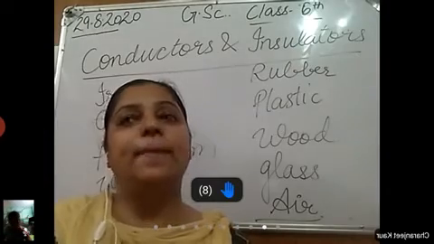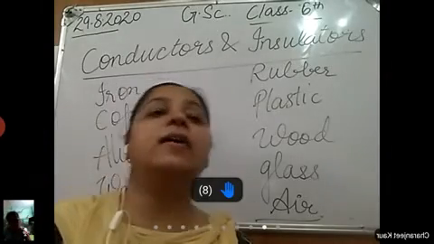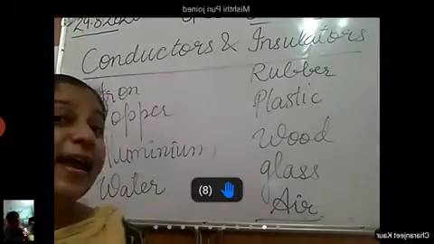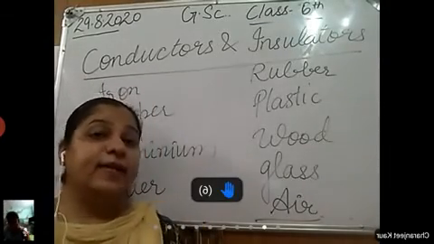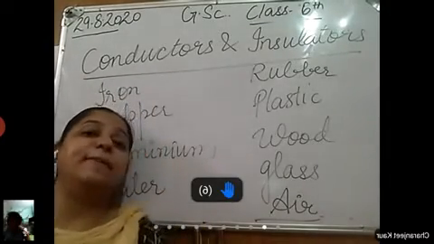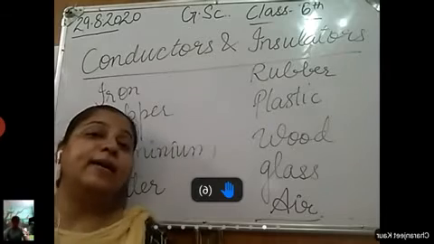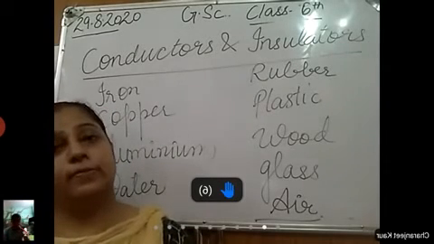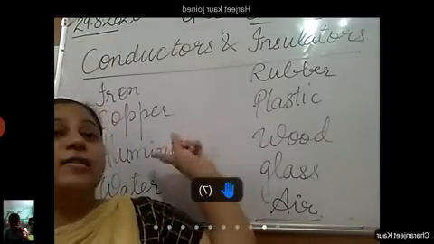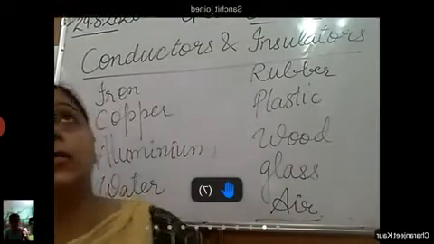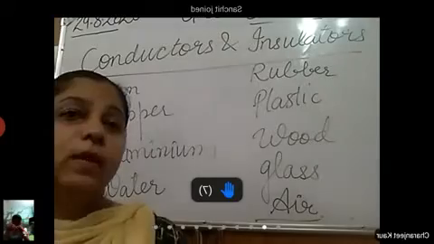That is why the bird does not get electric current. On the other hand, if rain is there and the bird is sitting, the rain drops immediately complete the circuit and the bird catches current. Such type of questions are asked based on insulators and conductors. Right?